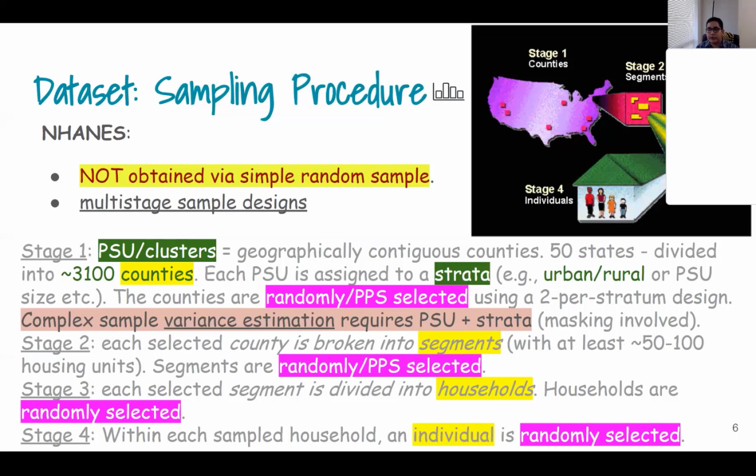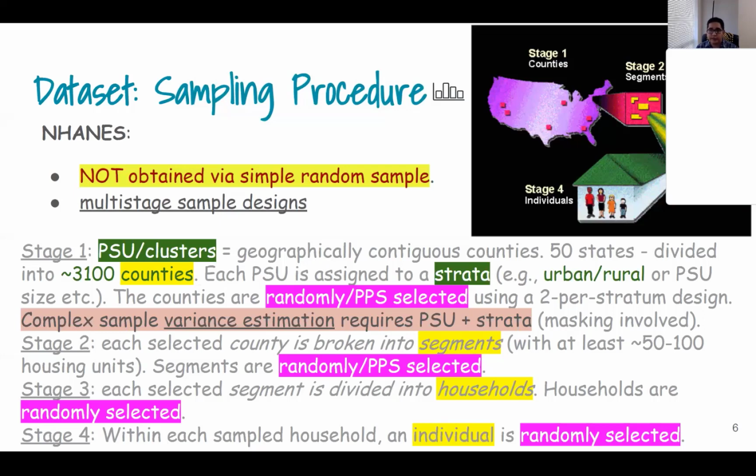In step three, within the selected segments, we divide them into households, and those households are then randomly selected. In step four, within each of the selected households, we randomly select an individual from that household, right?